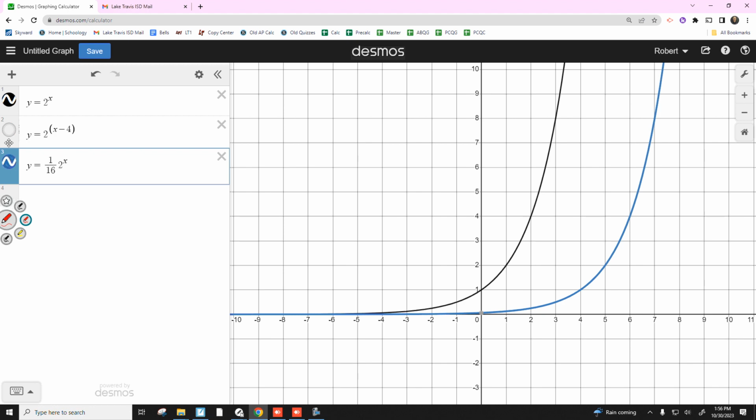They are equivalent to each other, which means this shift right that you saw actually could be thought of as a vertical dilation. Take your y's, multiply them by 1/16. 1 turns into 1/16. 2 turns into 1/8. 4 turns into a 4th.